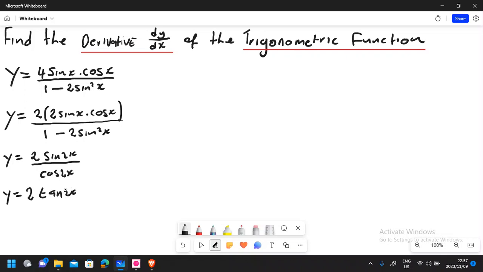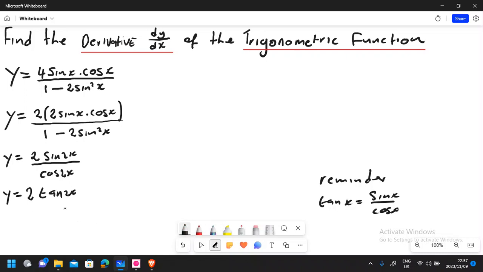This is what we call the quotient identity, guys. As a reminder, tan x is the same as sine x over cos x. So that is what we did there, just in case you're not so sure.